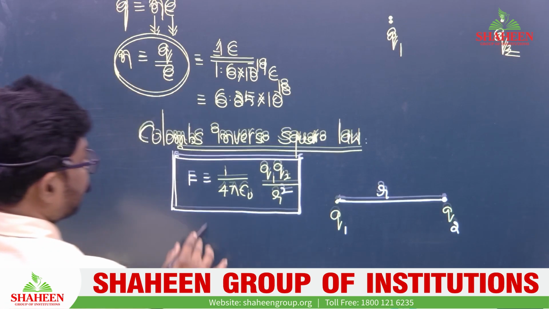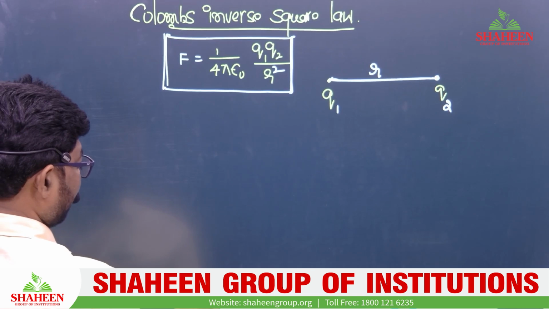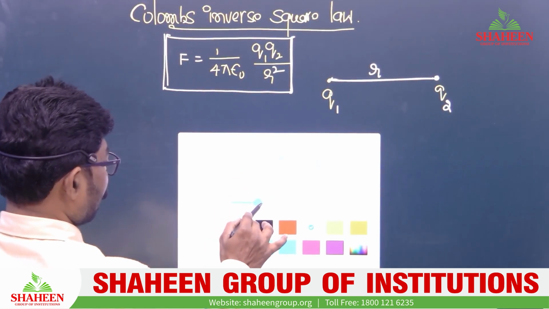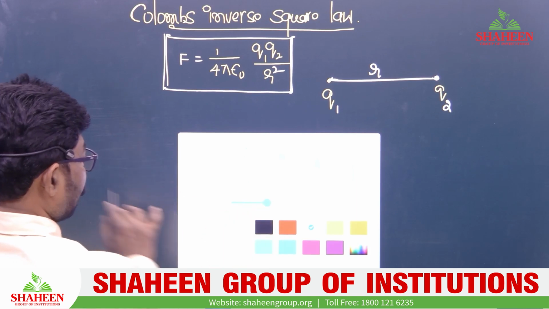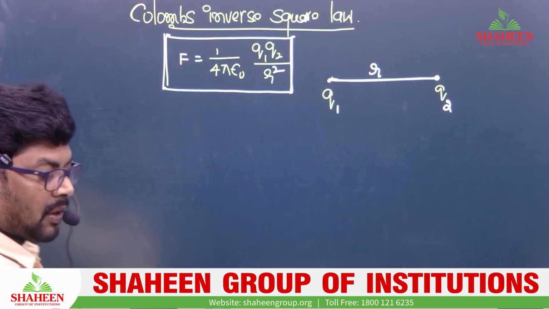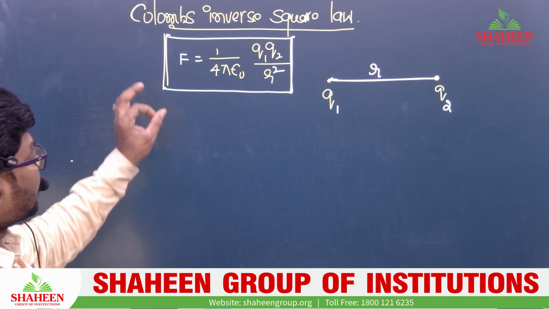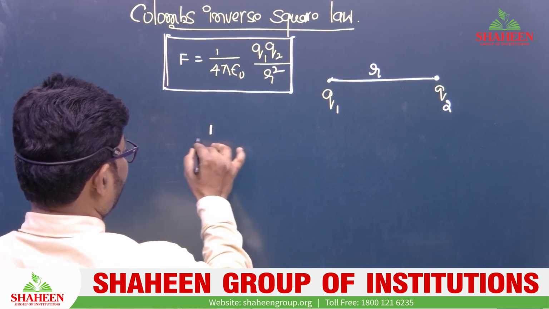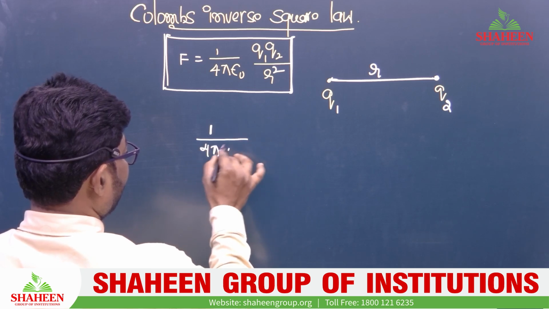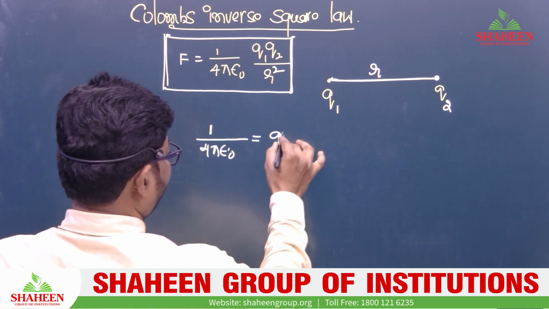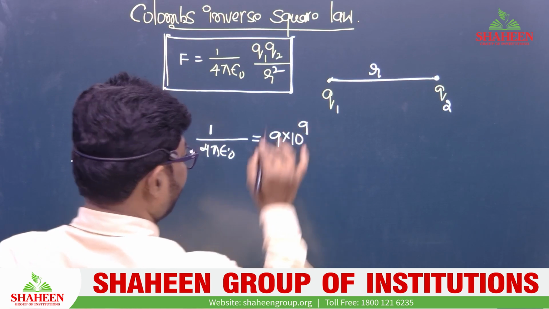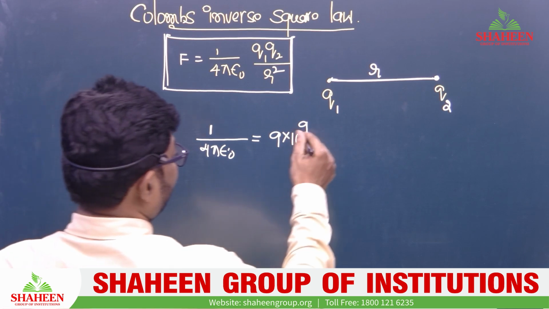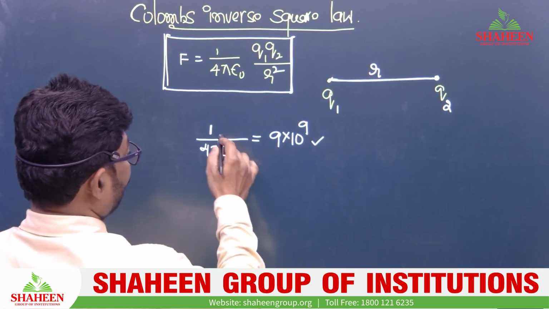The force may be attractive or repulsive in nature. Like charges repel each other, unlike charges attract each other. So this is the basic formula. Here the value of 1 upon 4 pi epsilon naught is 9 into 10 to the power 9.